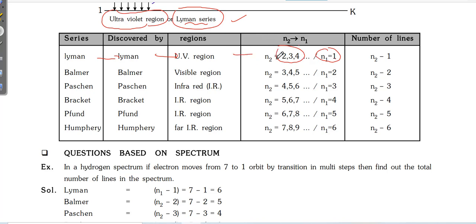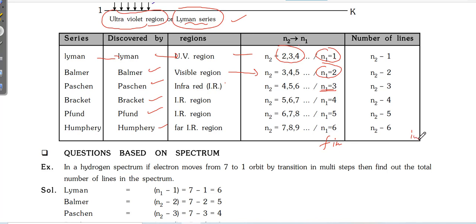When the electron falls from different energy levels, meaning 3, 4, 5 and so on, into the second energy level, that is visible in the visible region. It was discovered as the Balmer series. Similarly, if the electron is falling into the third shell, we get the Paschen series, then Brackett, then Pfund, then Humphrey. These are the final energy levels.